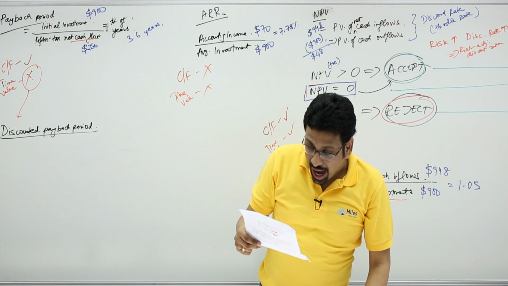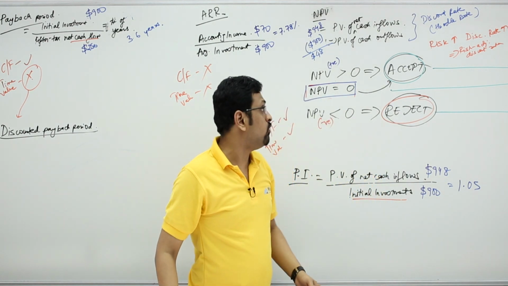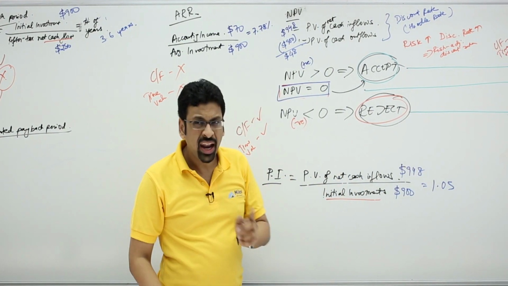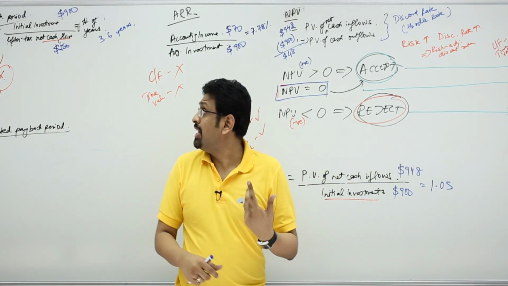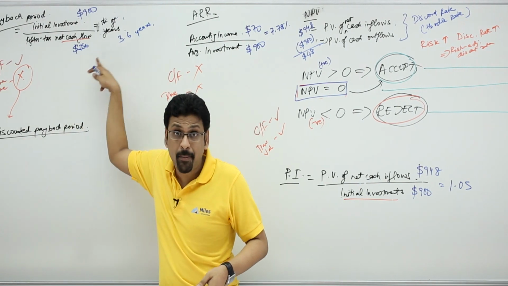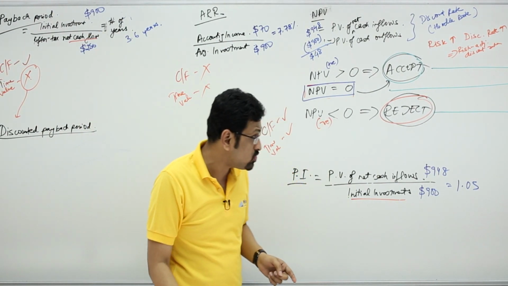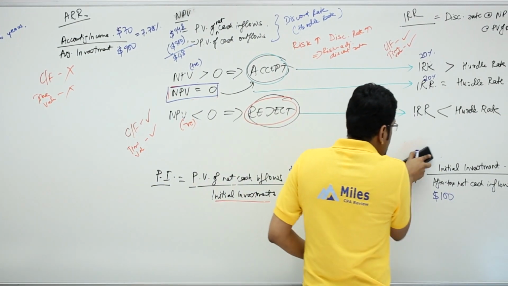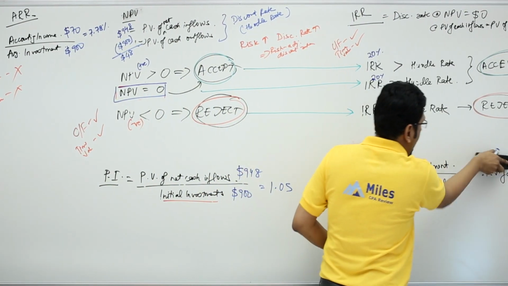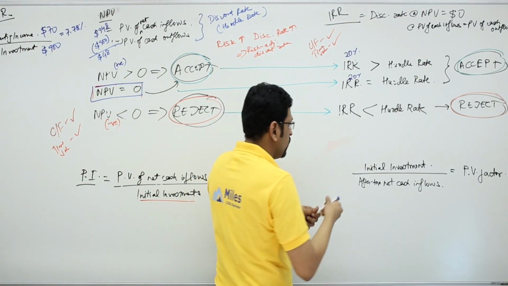Now, let's do IRR, or the internal rate of return. Now, it's a single stream of cash flows, even cash flows. So we could use this formula that we had for payback also for IRR. So let's do that. So the initial investment number that you have here is $900.